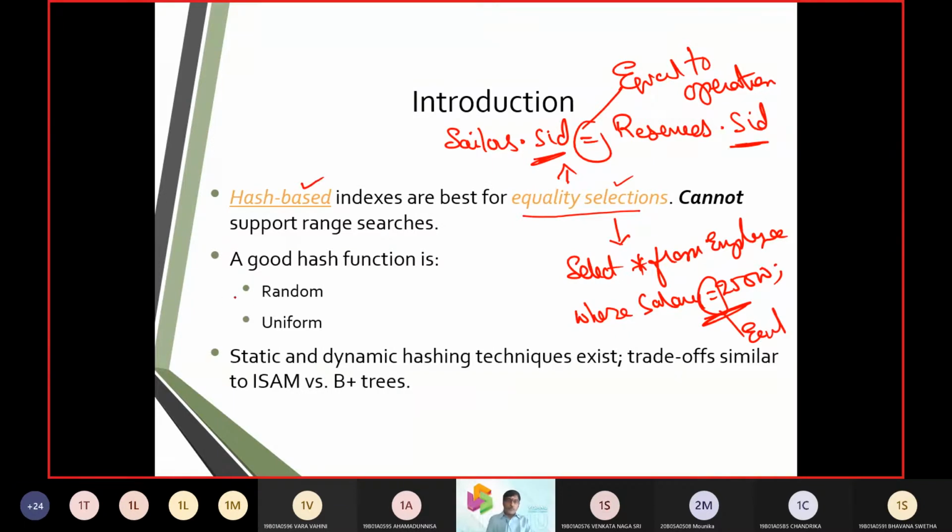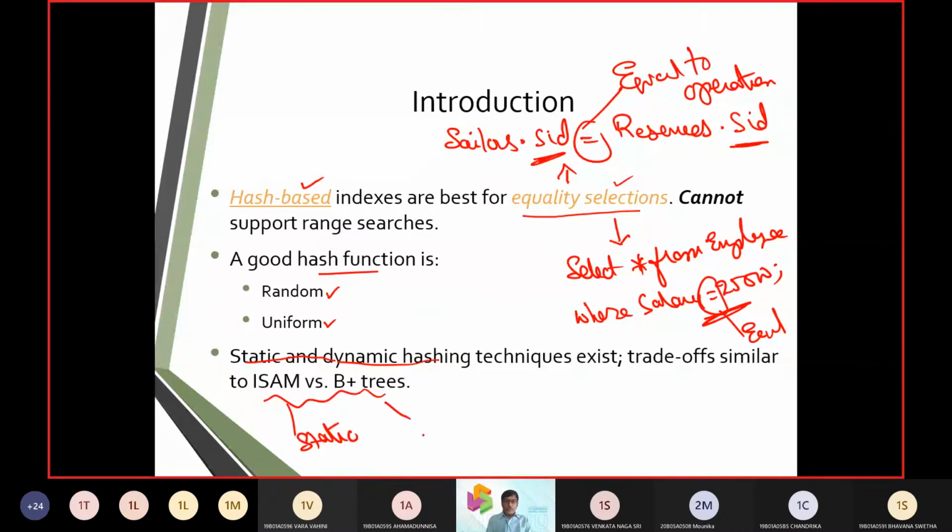Now, a hash function can be generated for a random value, or for a uniform, dynamic or static value. So we have two searching structures. One is ISAM, which is an example for static.